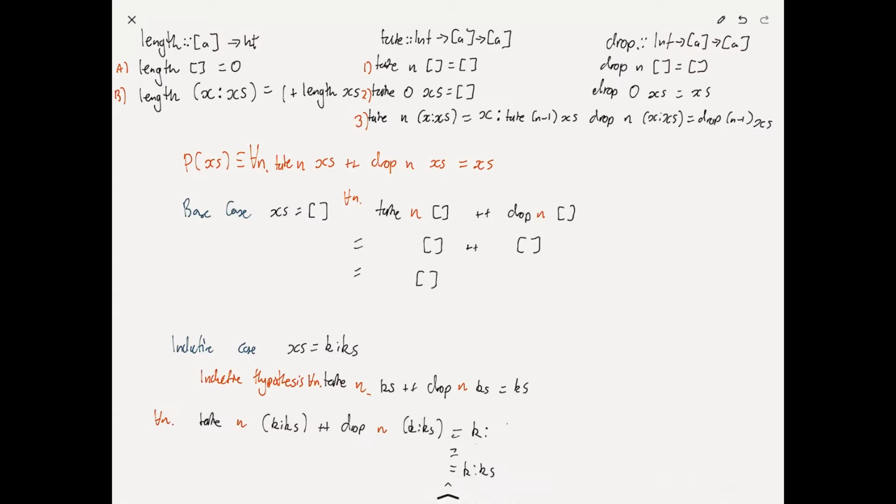So we have k followed by take n minus 1 of k's plus plus drop n minus 1 of k's. And I'll use this implied associativity property here to rearrange the brackets. So this is actually take n minus 1 of k's plus plus drop n minus 1 of k's.